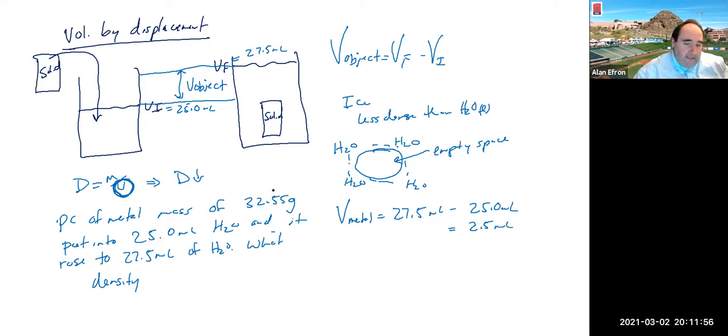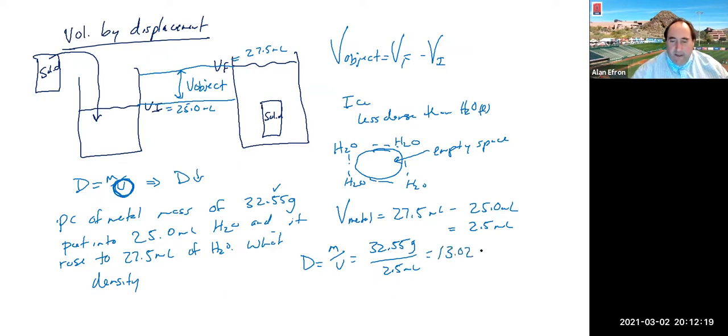I have the mass given to me already, which means my density would be my mass divided by volume, which would be 32.55 grams divided by 2.5 milliliters. 32.55 divided by 2.5 gives us a number of 13.02. The units here do not cancel, so it's grams per milliliter. The number stays with the grams part.